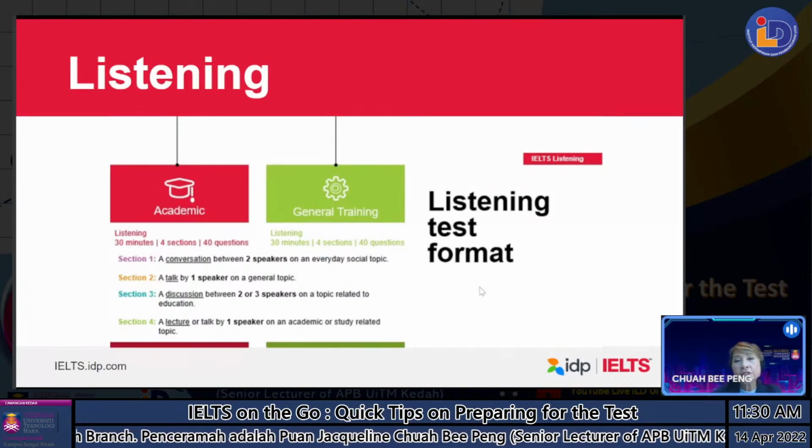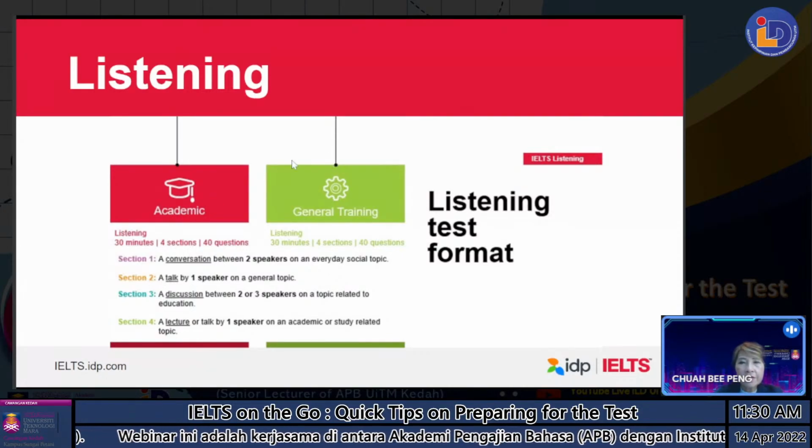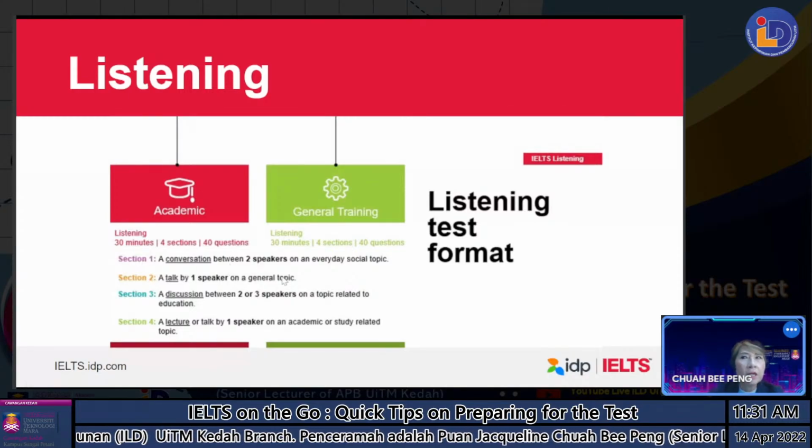So, listening test format. There are 4 sections. Just to give you an idea of what these 4 sections are, they are the same for both modules. Section 1 will be a conversation between 2 speakers on an everyday social topic. The test starts with something relatively close to our daily lives, so that it's easier for us to identify with.